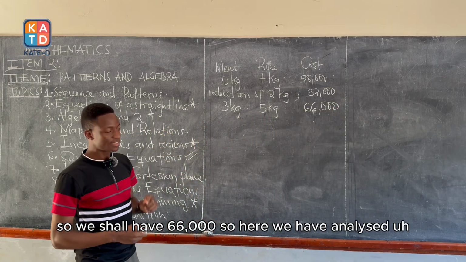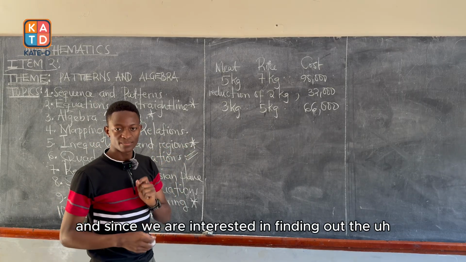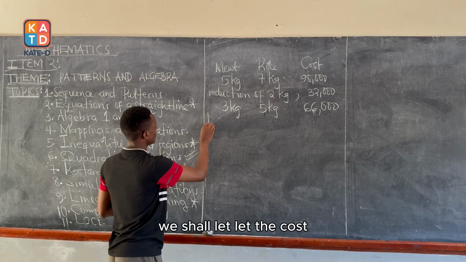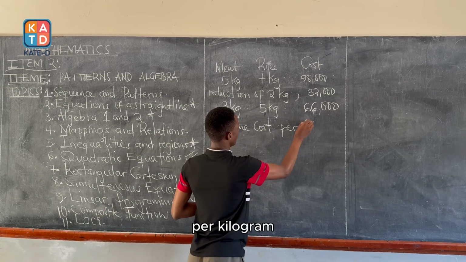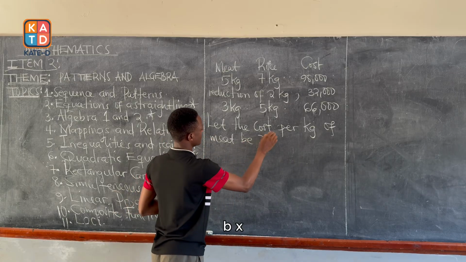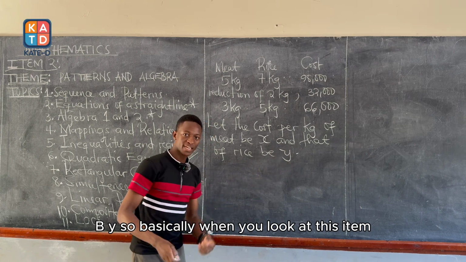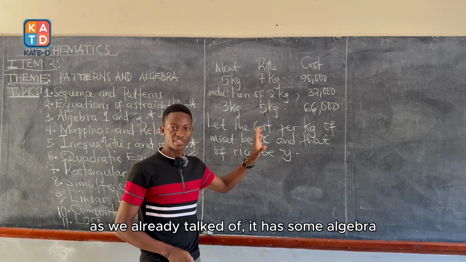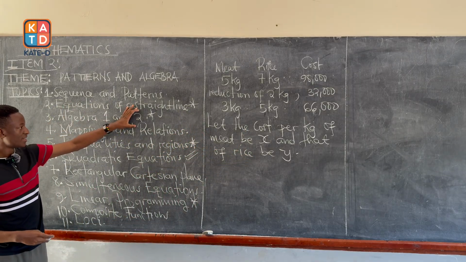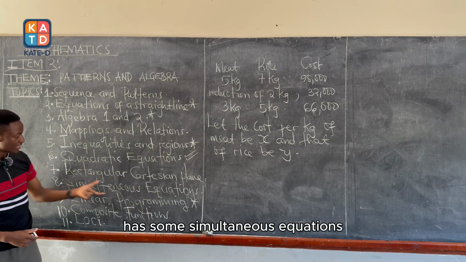So here we have analyzed the situation, and since we are interested in finding out the amount for each kilogram of a given item, we shall let the cost per kilogram of meat be X, of rice be Y. So basically, when you look at this item, as we already talked of, it has some algebra. It has some quadratic, it has some simultaneous equations.